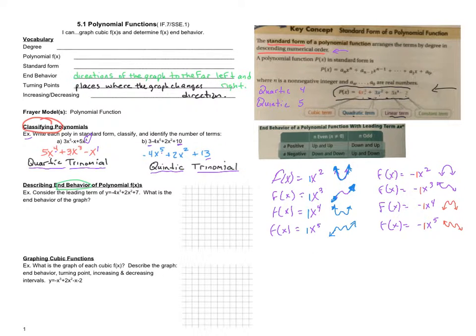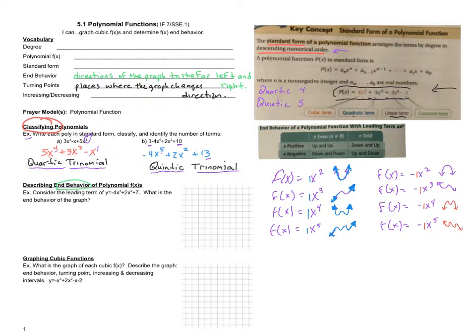And we can see here that the quartic function has an up, up end behavior, and then the quintic has a down, up end behavior.